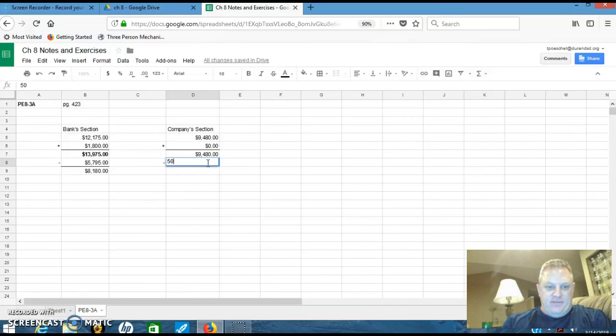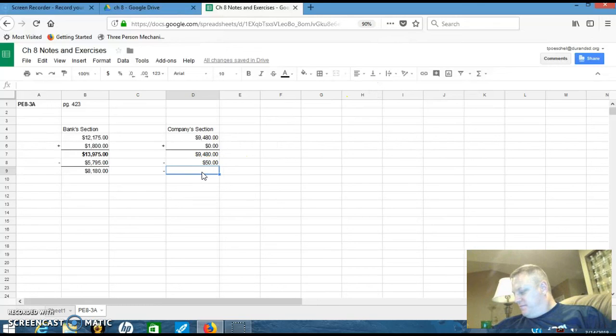We have to subtract $50 there, and then we also have to subtract the NSF check because we deposited it, but it's not there.